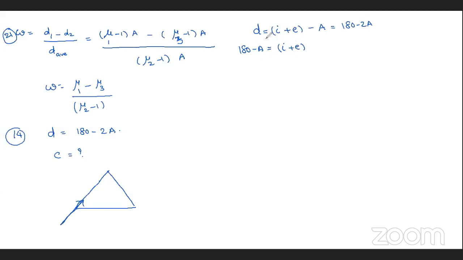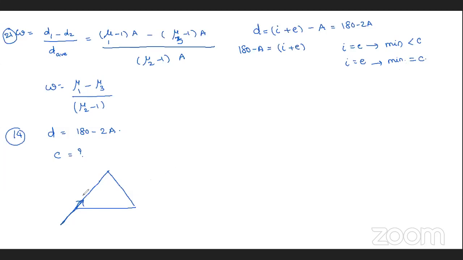Am I right? Yes. And that you are saying that in minimum deviation I equals to E, in case of maximum deviation also I equals to E. Yes sir. In both the cases I equals to E. But in this case it is less than critical angle. In this case this is equals to critical angle.